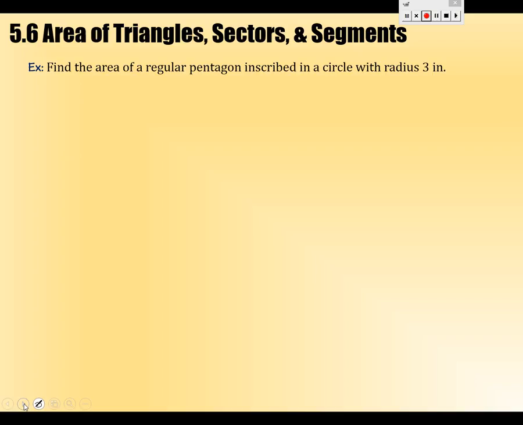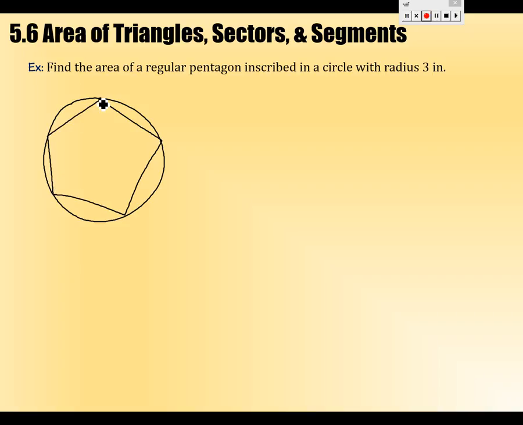The hardest part of this problem is actually drawing a regular pentagon. I don't know, that's not super good. I'm going to try again. That's a little better.